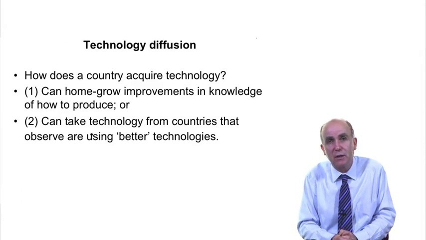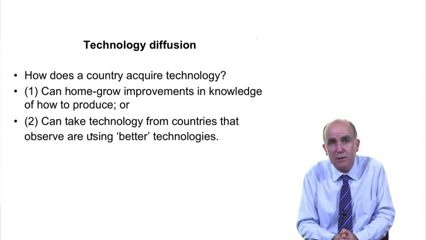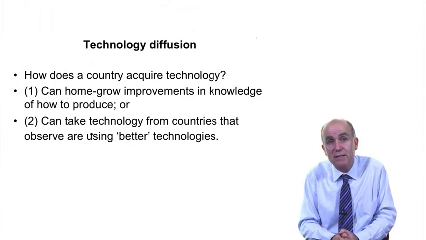For countries which are the leaders, currently at the frontiers of technological development, homegrown improvements in knowledge of how to produce are going to be the most important way in which they can acquire new technology. But for many countries around the world, in particular for countries that are a long way behind the frontier, the most important way in which they're likely to acquire technology is by acquiring that technology from countries that they observe are using better technologies.